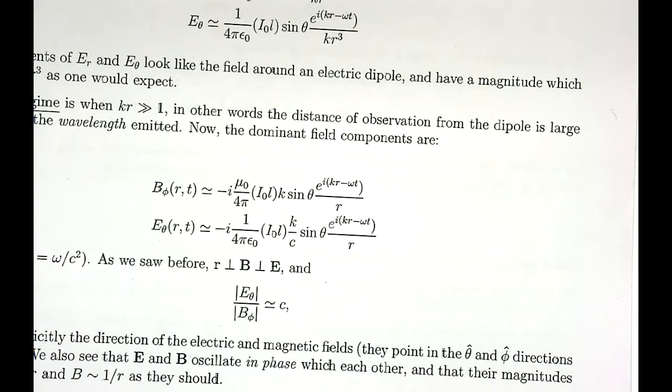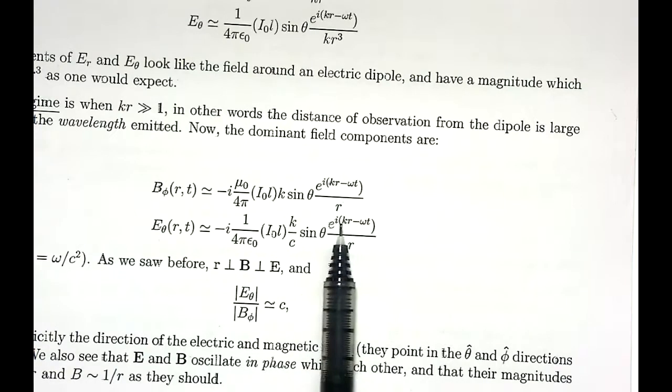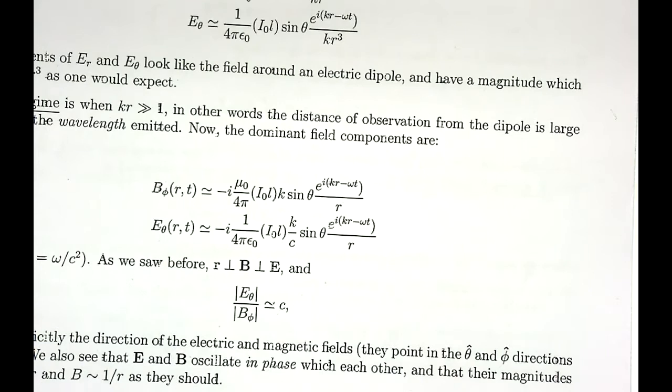Now, the other thing we pointed out is that the electric and magnetic fields oscillate up and down together. They oscillate in phase. So that's a very important statement. Another thing I didn't say is we need to start thinking about the frequency of the radiation being emitted. I'm going to say this several times, but notice that the frequency with which the charge oscillates up and down is the same as the frequency with which the electric field oscillates up and down.